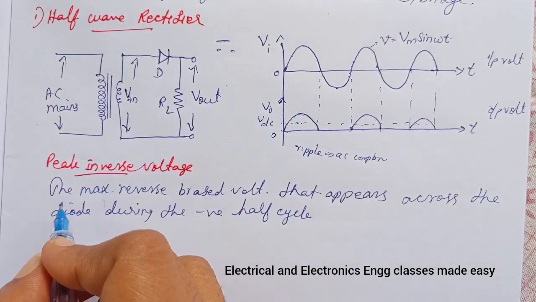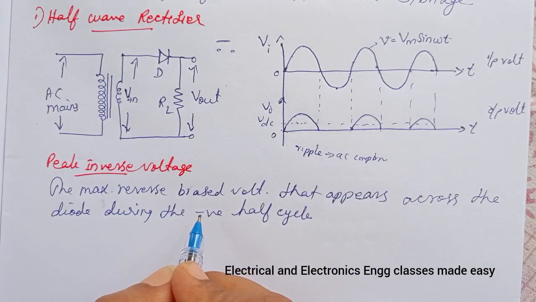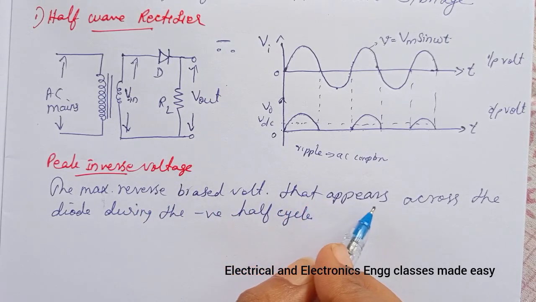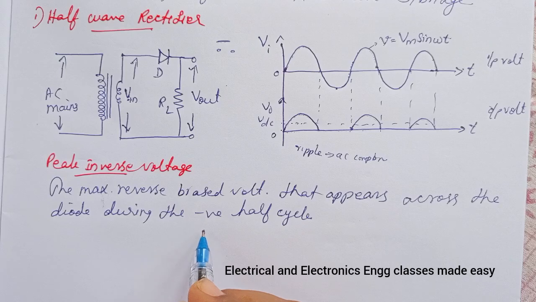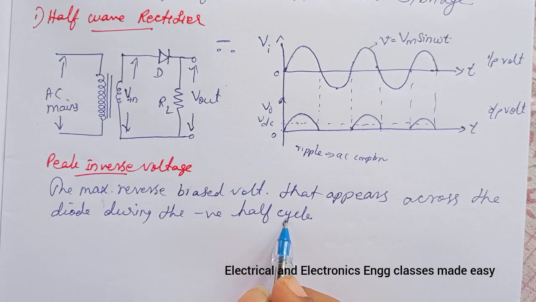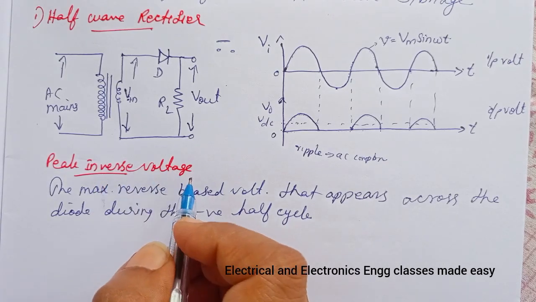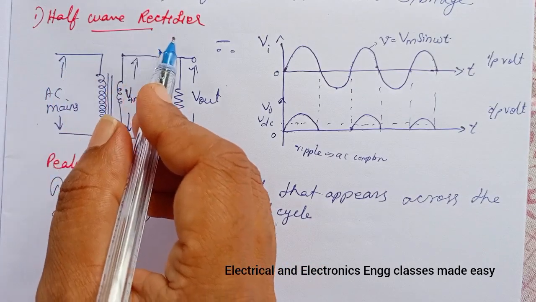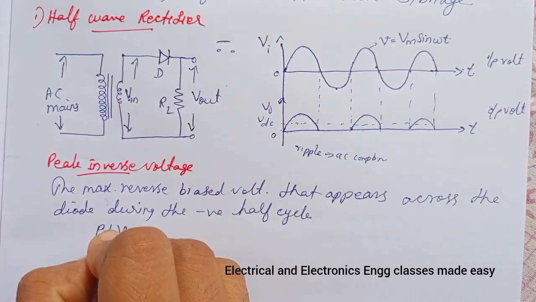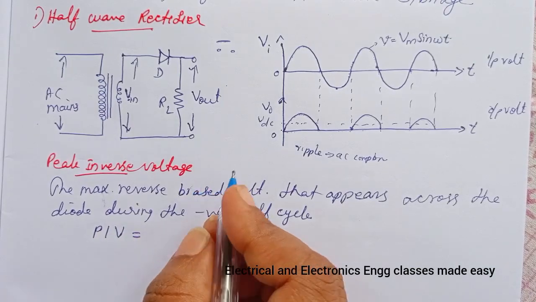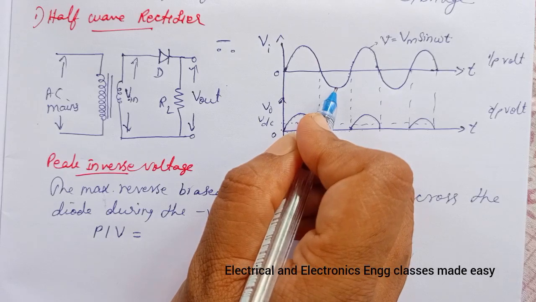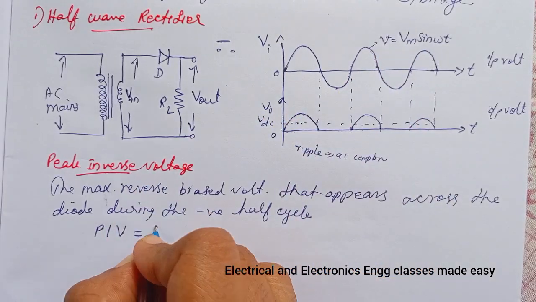The maximum reverse biased voltage that appears across the diode during the negative half cycle is called peak inverse voltage. So for a half wave rectifier, peak inverse voltage is equal to the maximum voltage of the negative half cycle, which is equal to Vm.